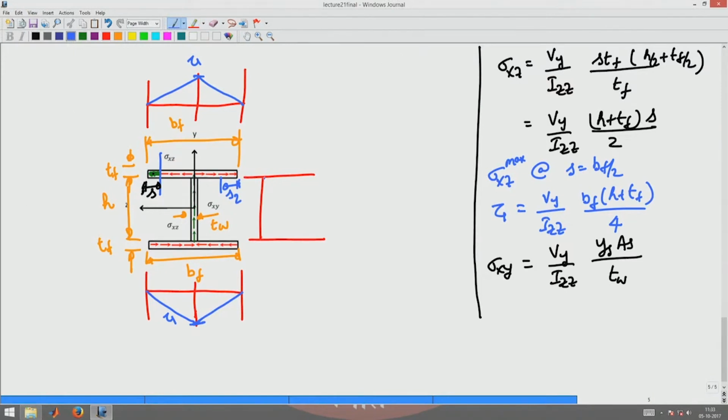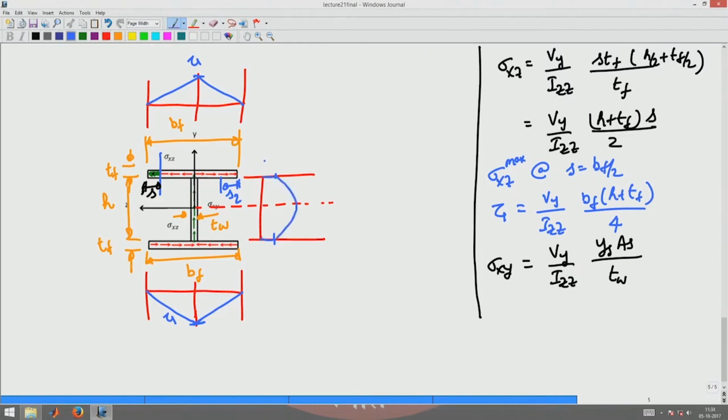What happens is, at the web flange interface there is some shear stress which is non-zero, and then at the neutral axis location is where the maximum shear stress occurs, and that maximum shear stress is the same as what we had before.